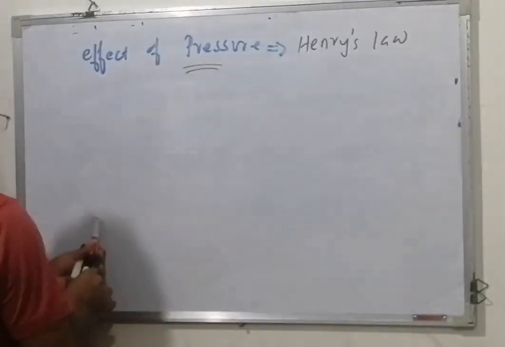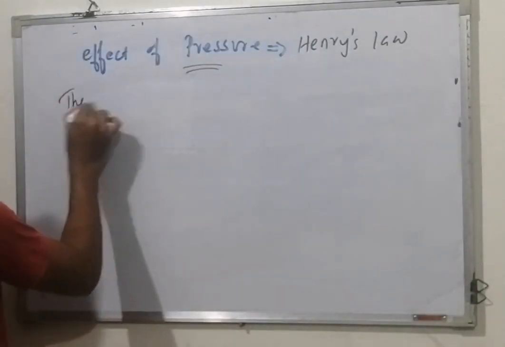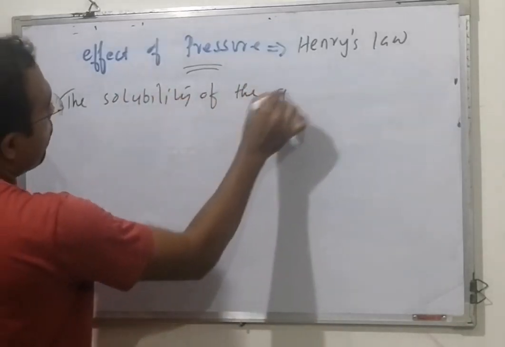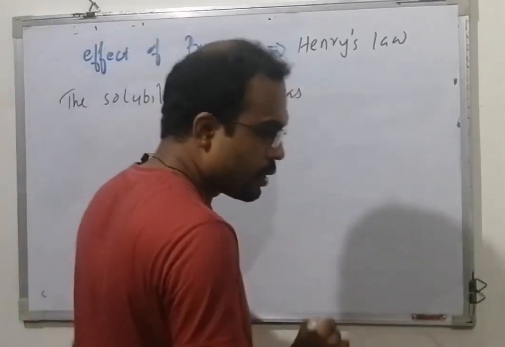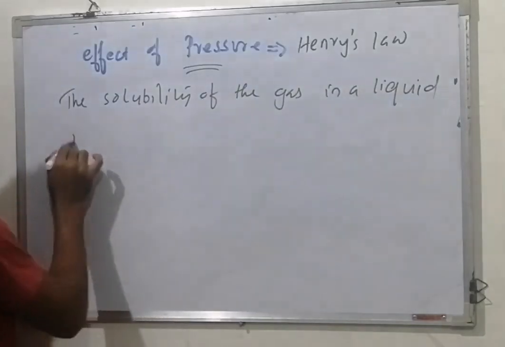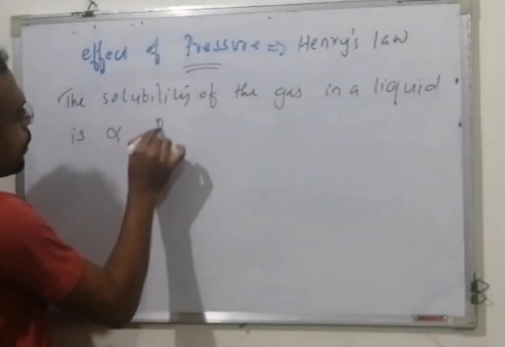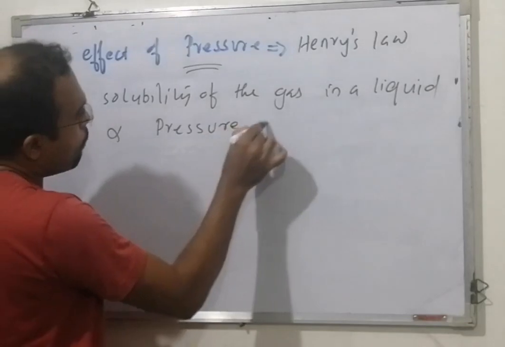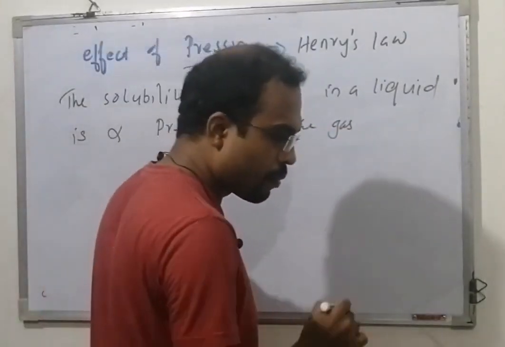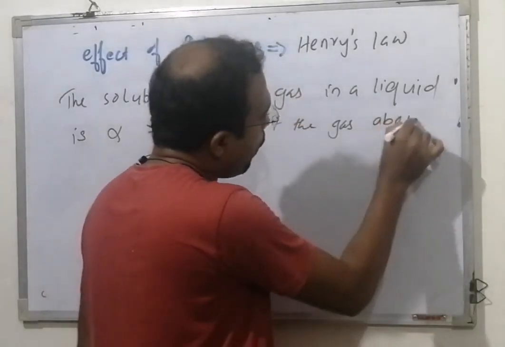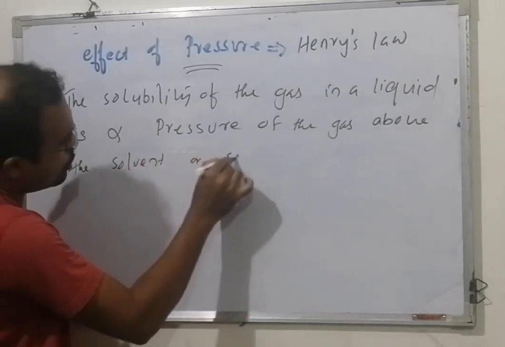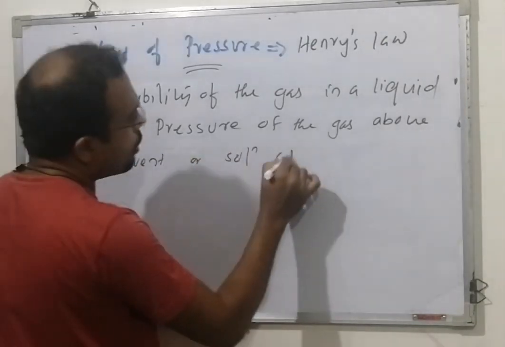The solubility of gas in a liquid is directly proportional to pressure of the gas above the solvent or solution at a given temperature.